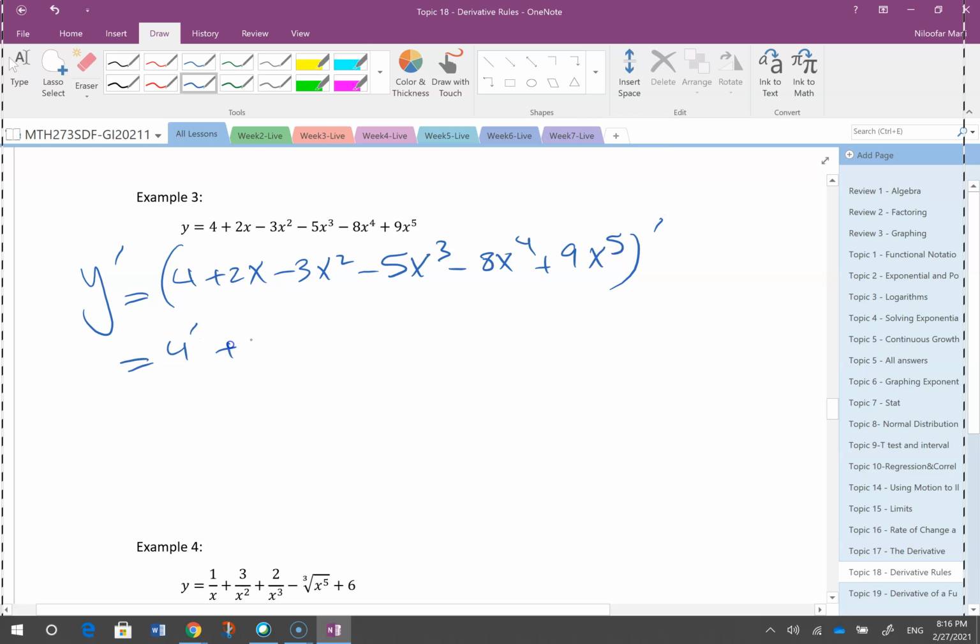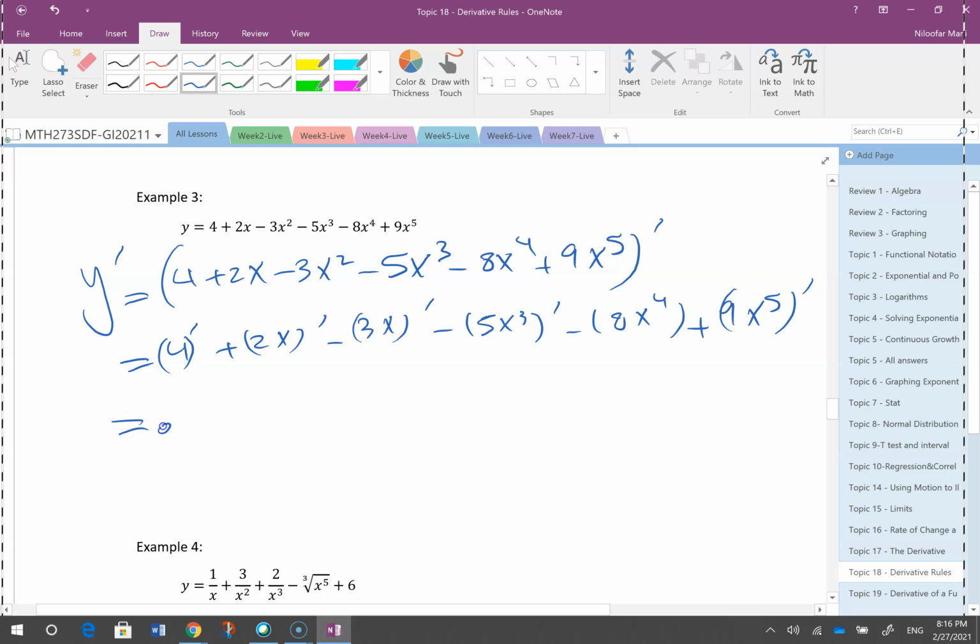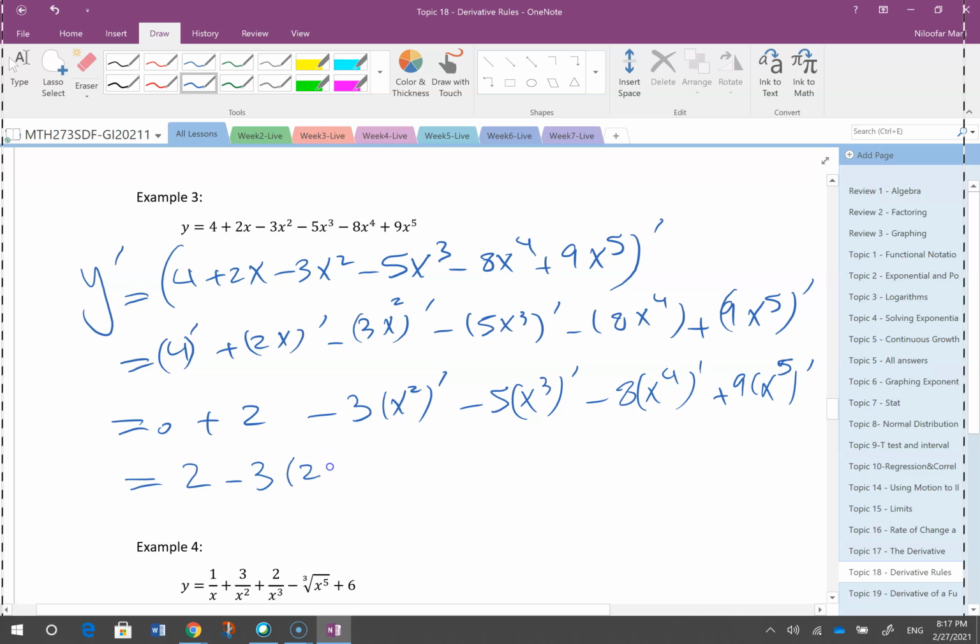Which is derivative of first plus derivative of second minus derivative of third minus derivative of the fourth one, which is 0 plus 2 minus 3 multiplied by the derivative of this, minus 5 multiplied by the derivative of this, minus 8 multiplied by the derivative of this, and plus 9 multiplied by the derivative of that, which is 2 minus 3 times 2x minus 5 times 3x squared minus 8 times 4x cubed plus 9 times 5x to the power 4.